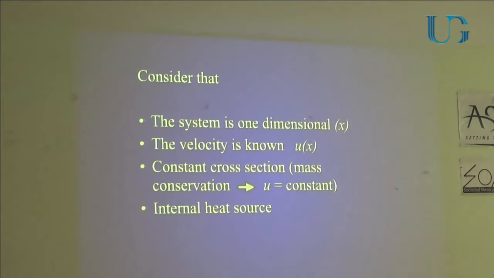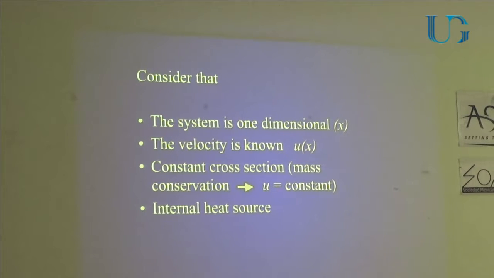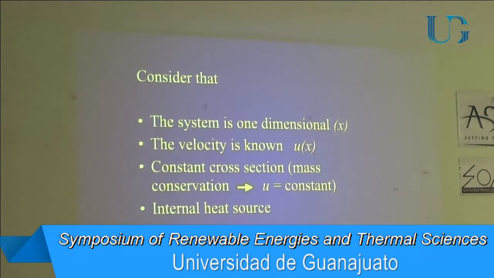In this way, I am ignoring natural convection. I'm only considering forced convection, and I know what the velocity is. You may say this is stupid because this is not going to reflect reality, and I would partially agree. It is not a very good model, but it does capture some important features of the solution.